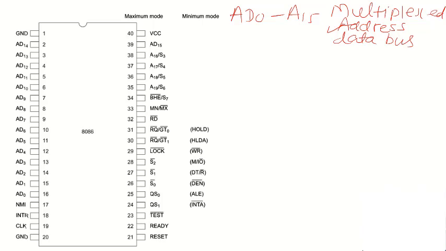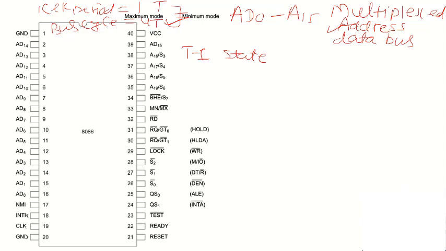Initially, in the first T state, T1 state, a T state is one clock period. One bus cycle is equal to 4 T states. It means the opcode fetch is done, decoding is done, and then the data transfer is done. This requires 4 T states. So in the first state we require the address bus.